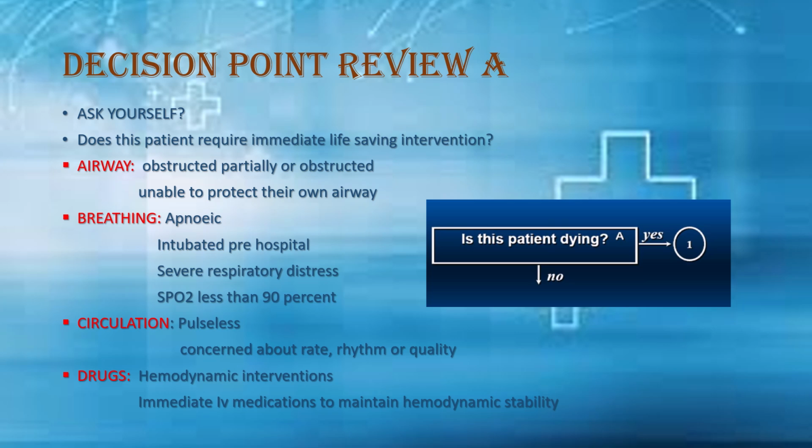Does he have a pulse? Is he pulseless? How is the rate? How is the rhythm? How is the quality? Drugs. What sort of drugs are you giving him? Or are you giving him some drugs to maintain hemodynamic stability, like inotropes? So in short, the question you're asking is: is the patient dying? Yes, immediate attention. No, it will go to level 2.